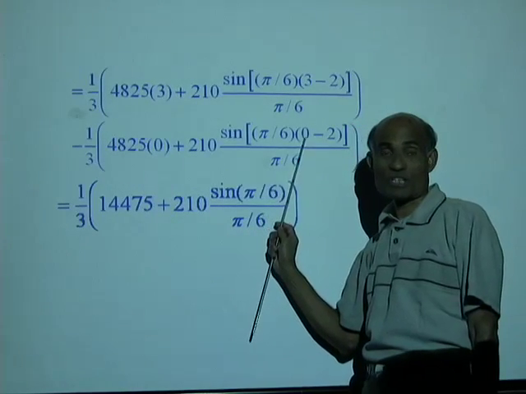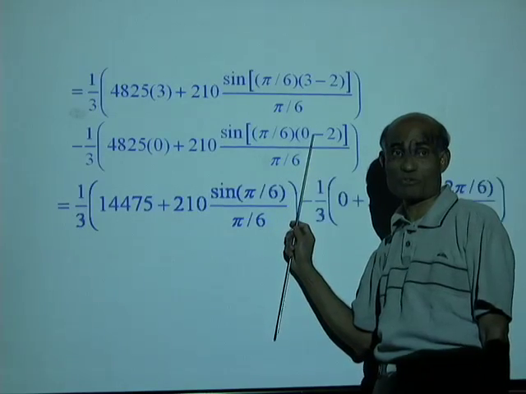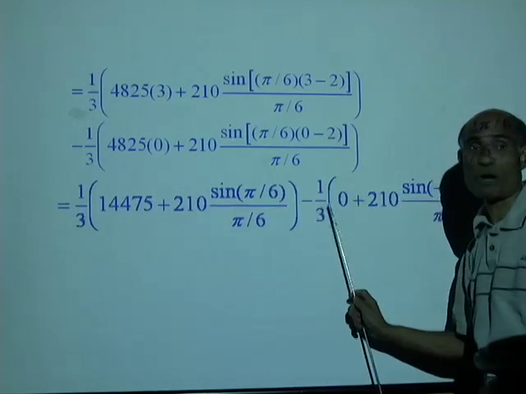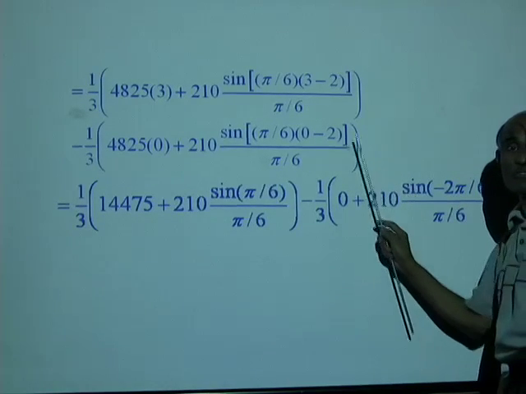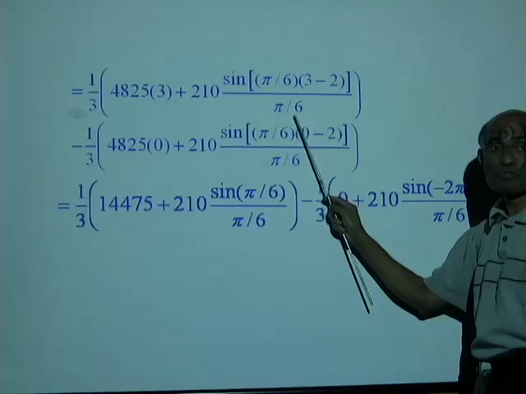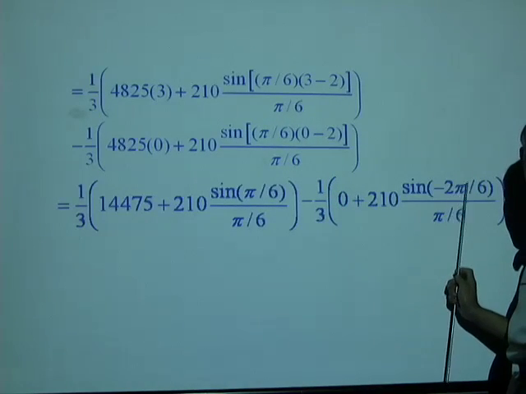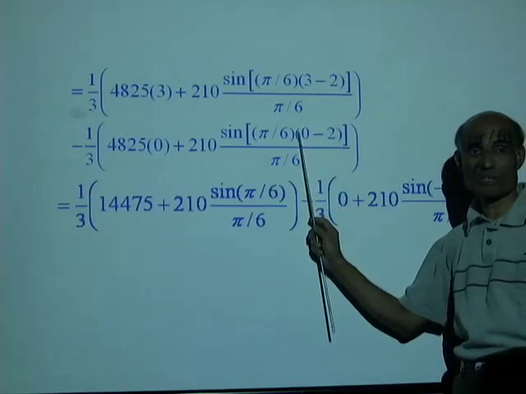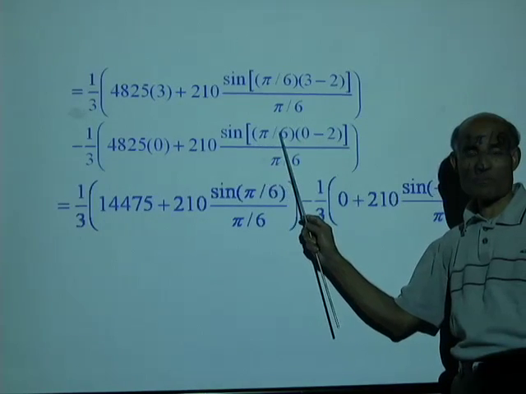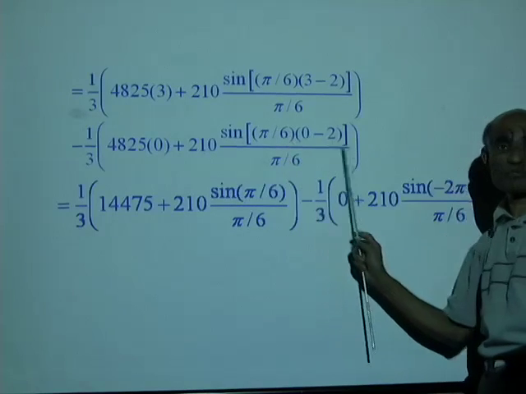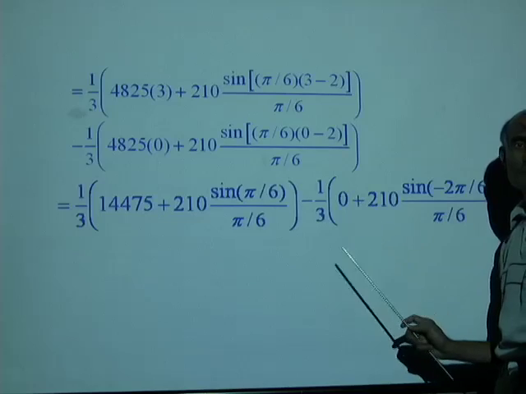Now minus this quantity. This is 0, and 0 minus 2 will be negative 2. So that will be negative 1/3, 210 sine of negative 2 times pi by 6, that is negative 2 pi by 6, divided by pi by 6.